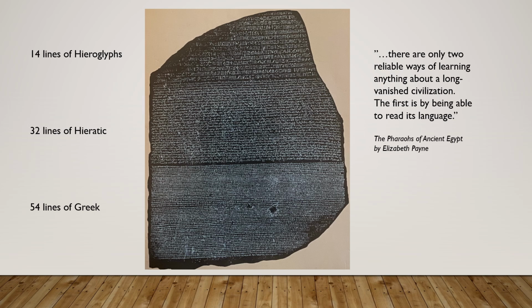The third, the bottom part, was written in Greek, and it's 54 lines. So logically speaking, someone started at the top writing in Medunetja, continued in a script form of Medunetja, and then finished it off with the Greek alphabet.